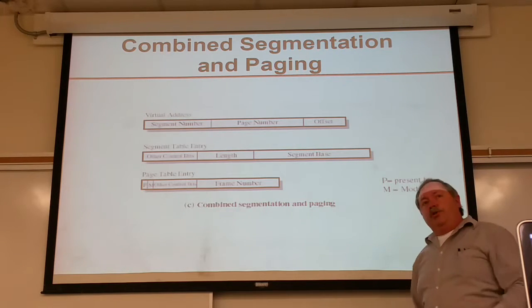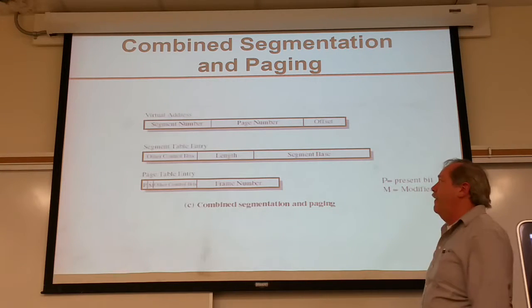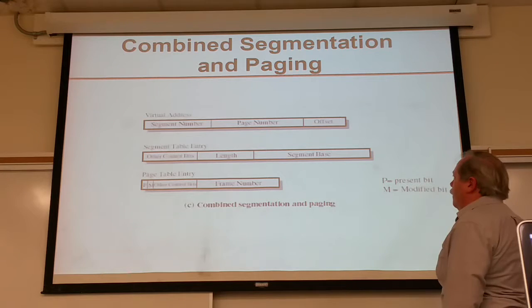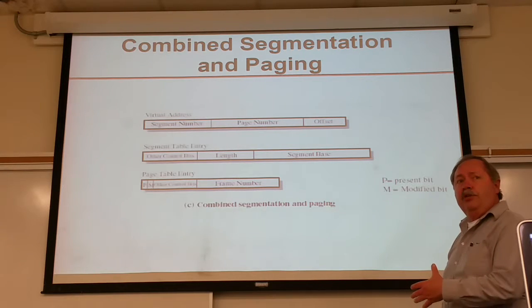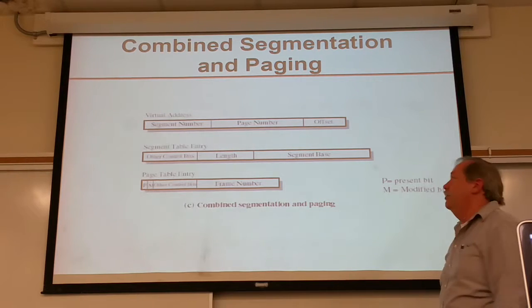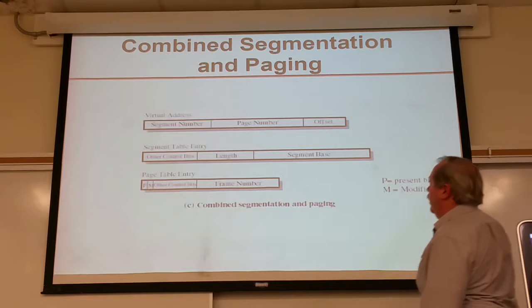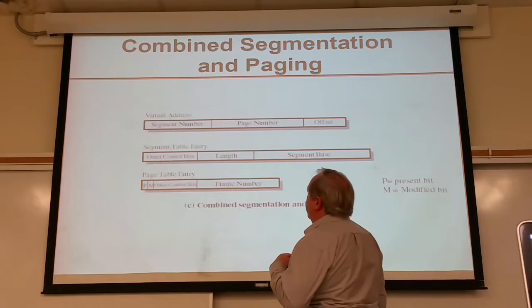So if we can do that, what would our virtual address look like? Okay. Well, we saw what the page table virtual address looked like. We saw what the segmentation table looks like. This is what a combined scheme would look like. Okay?